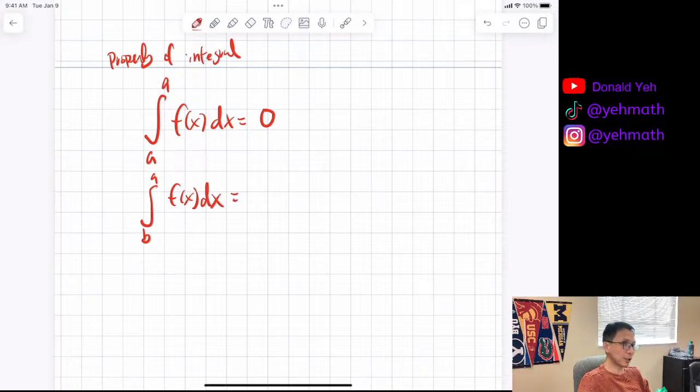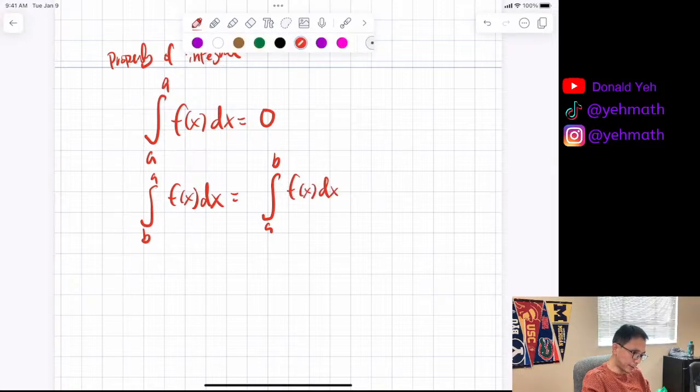I say, hey, I want to change a to b. A to b of f of x dx. The only thing you need to do is put a negative sign in front. Why? You change your boundary, you put a negative sign in front. You can change your boundary.